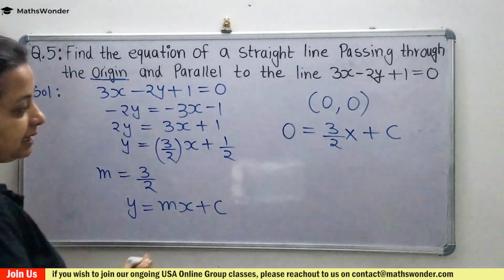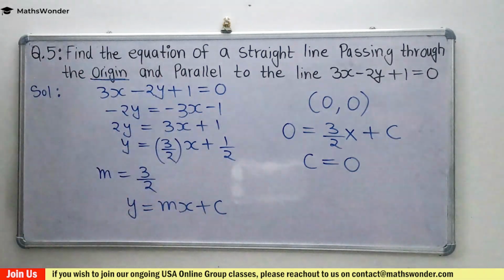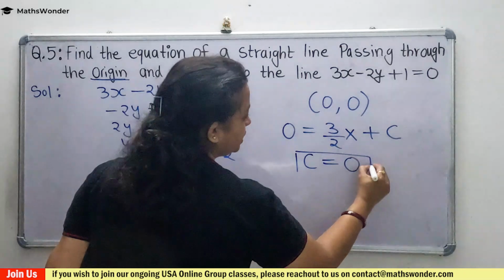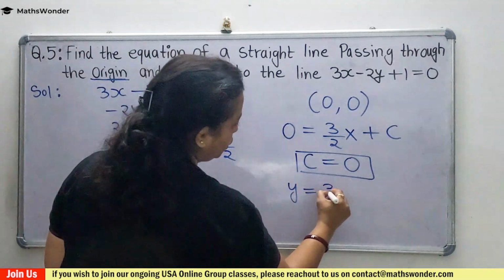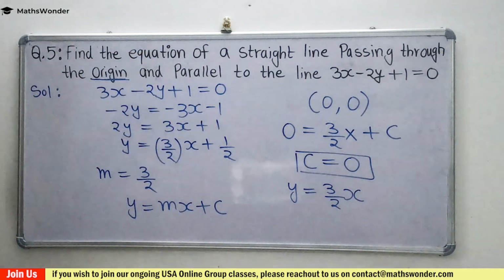In this case, you will write c is equals to 0, as we have already learned. So the equation of the required line is y is equals to 3 over 2 x plus 0, substituting c equals 0.